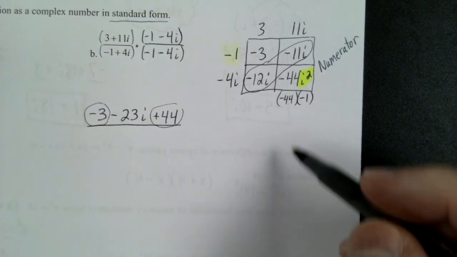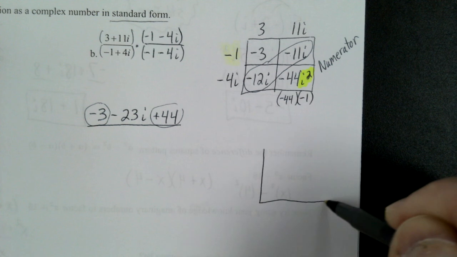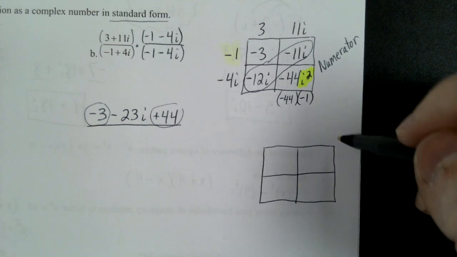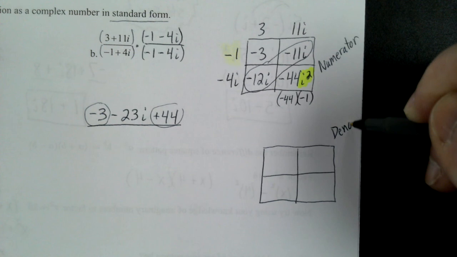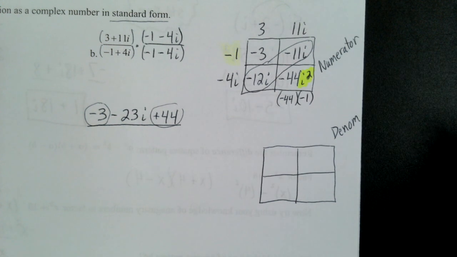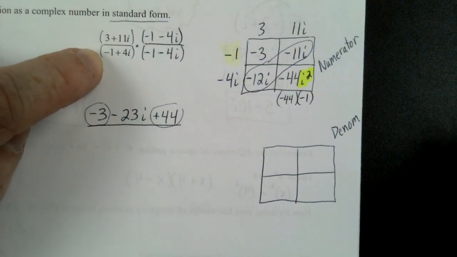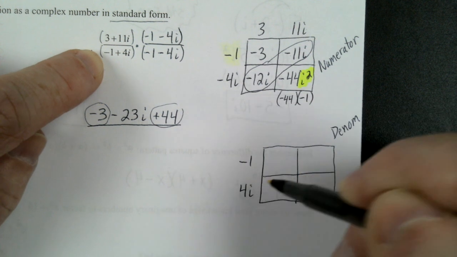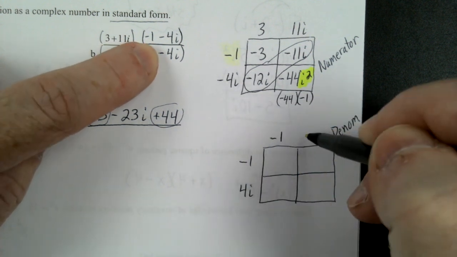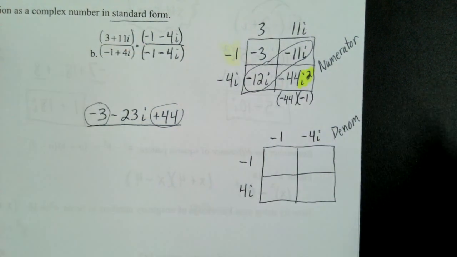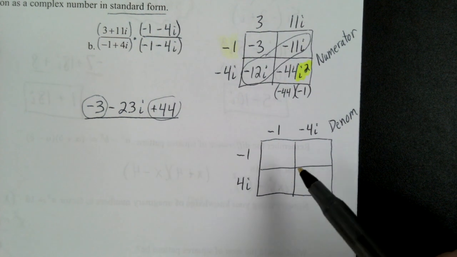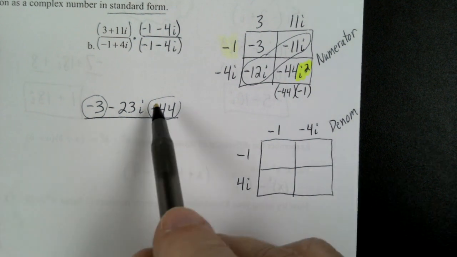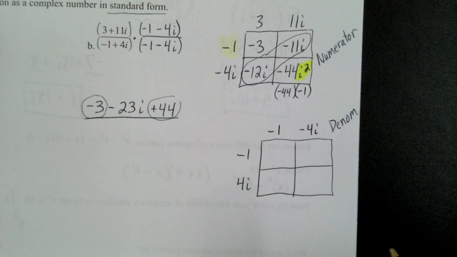So let's move on to the second box, the denominator. This is the denominator. All right, so the denominator is negative 1 plus 4i, negative 1 minus 4i. So here's where we need to have things cancel. That's why they're opposites. The numerator doesn't matter. The denominator, we need to remove all the i's.